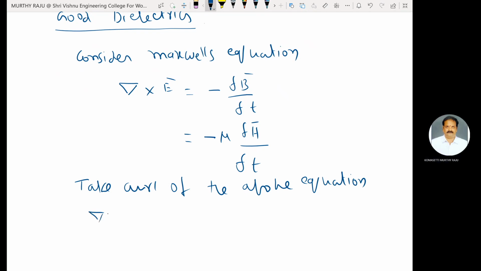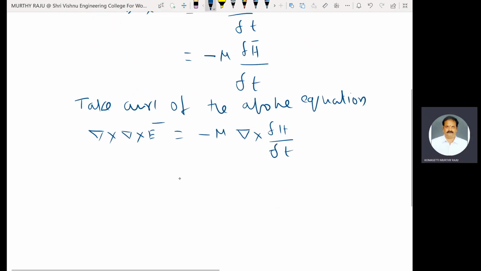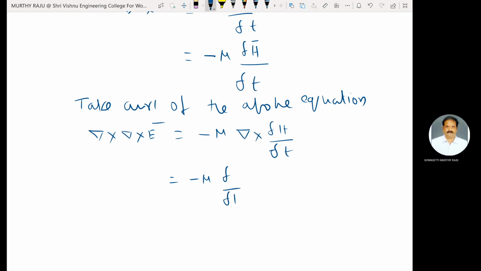Del cross del cross E bar is equal to minus mu del cross dou H by dou T. That is equal to minus mu dou by dou T del cross H bar.